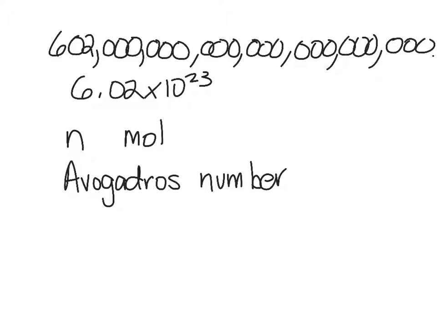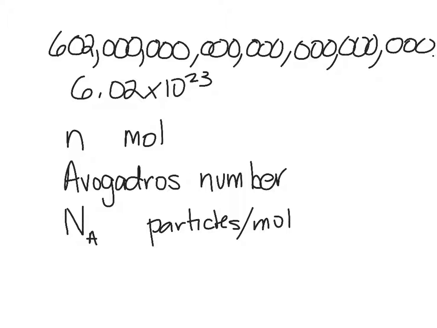Avogadro's number has a symbol, and it is large N, subscript capital A. The units are particles per mole. Avogadro's number is going to be 6.02 times 10 to the 23rd.